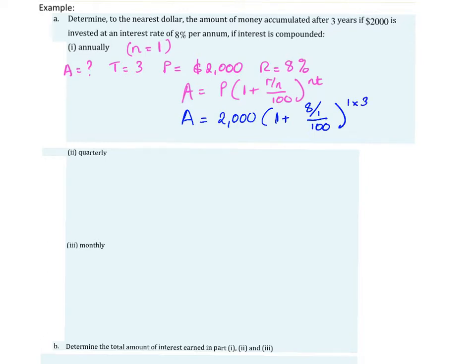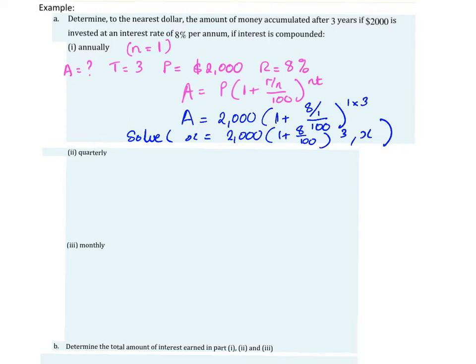I would be using solve here on my calculator. So solve, x equals 2,000 times 1 plus 8 over 100 to the power of 3, comma x.